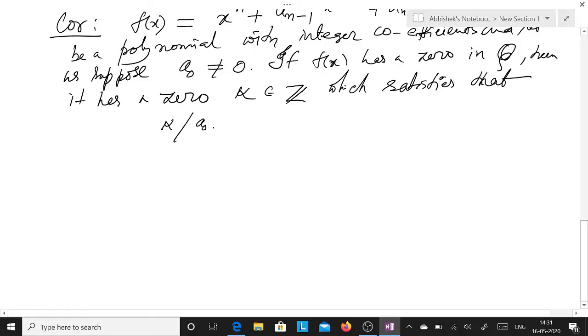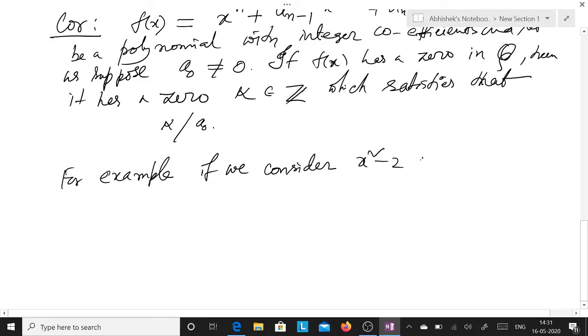So this corollary has an important feature which will give you a beautiful possibility to test the irreducibility of f(x) over Q. For example, we must illustrate an example which will be helpful to you. So for example, if we consider the polynomial x^2 - 2 over the field of rationals.